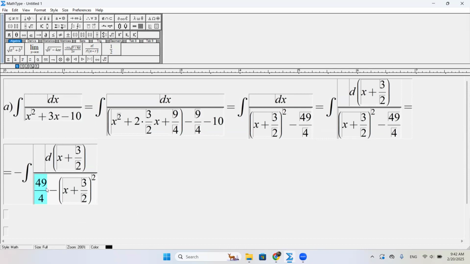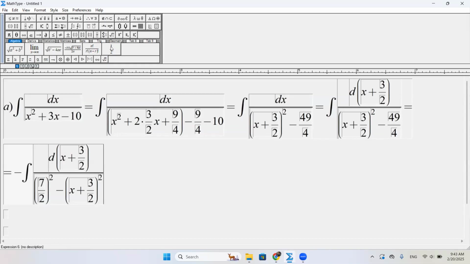Actually 49 over 4 is 7 over 2 in power of 2. So this is a, 7 over 2. Now calculating the integral: 1 divided by 2a, so 1 over 7, because 2a is 14 over 2, but we divide it.